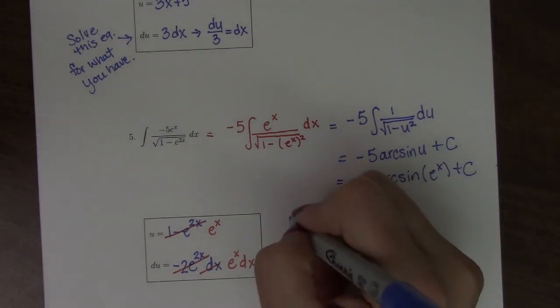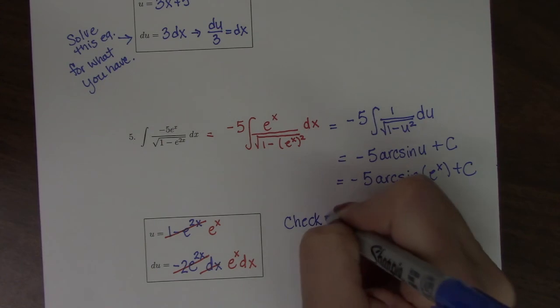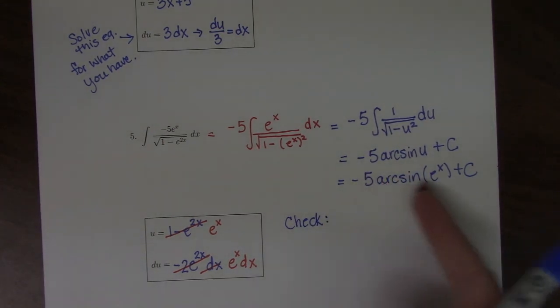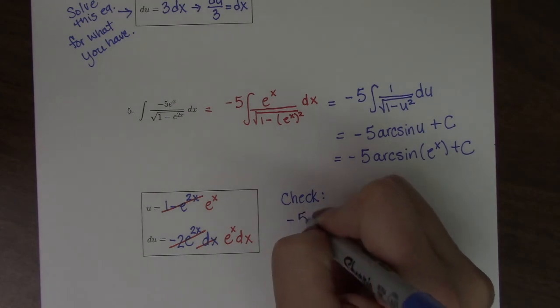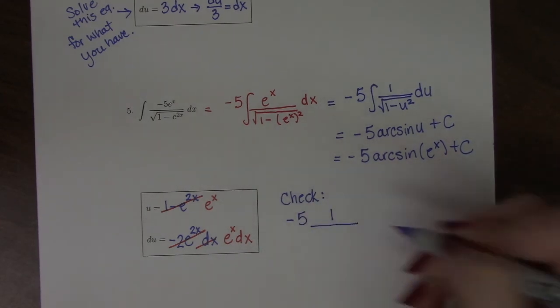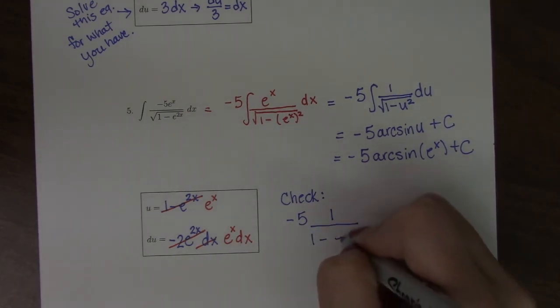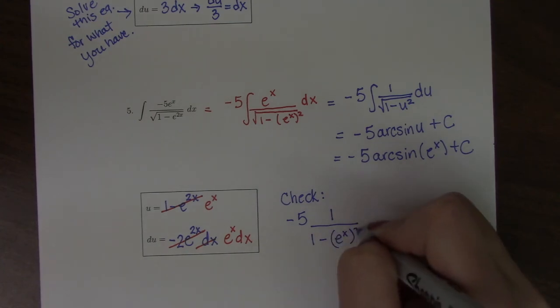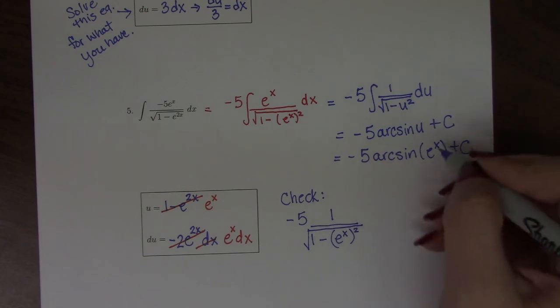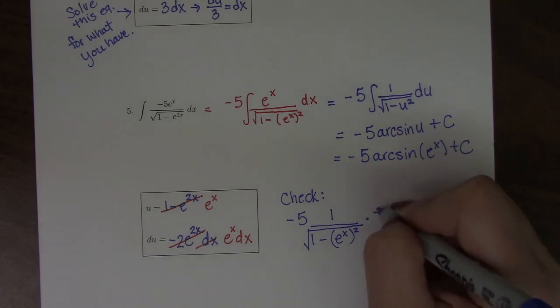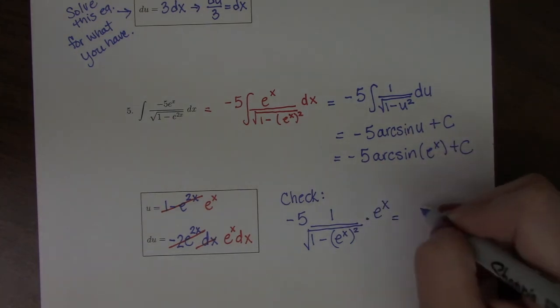So on this one, because this one's a little bit different than we did before, let's just double check that we actually get our correct answer back when we take the derivative. So it's negative 5 times 1 over 1 minus e to the x squared, all under a square root, and then I have to multiply this times the derivative of the inside.